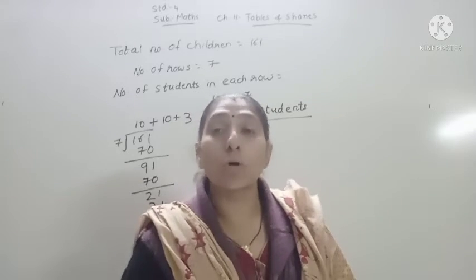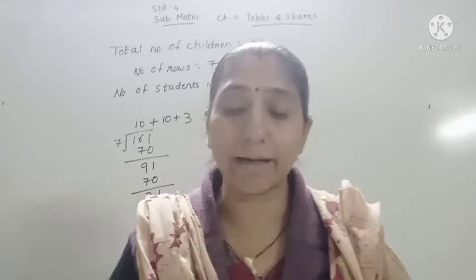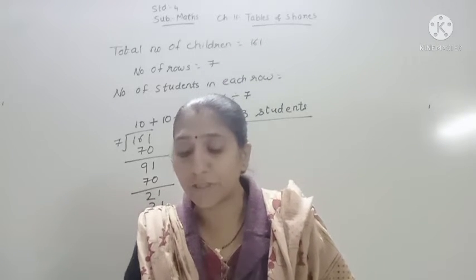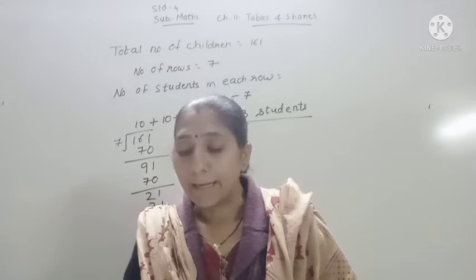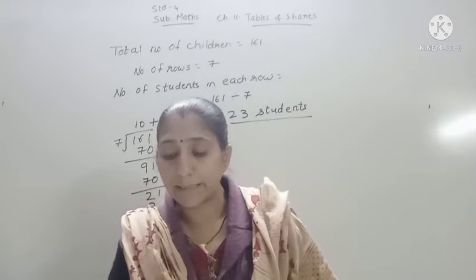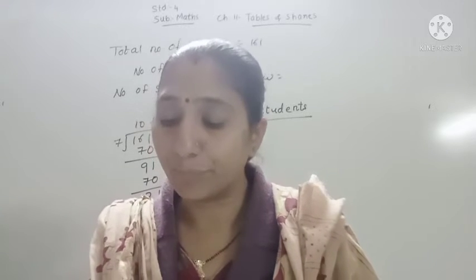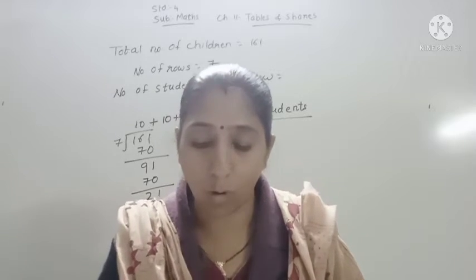Now next, story problems. Srishti's grandma is asking her to make problems. Look at the picture and make a question on it. There are 3 crates. Each crate has 24 bottles in it. My question is, how many bottles are there in all?